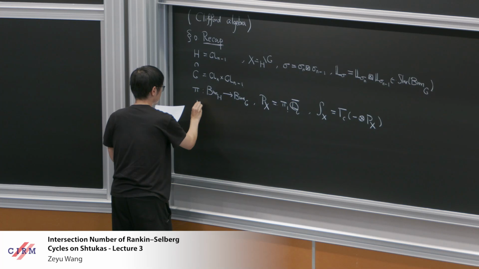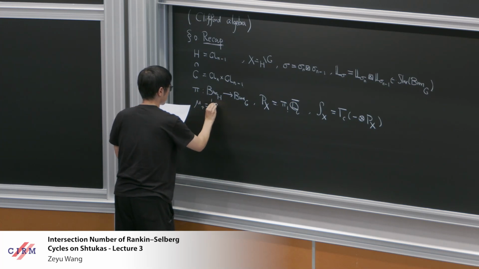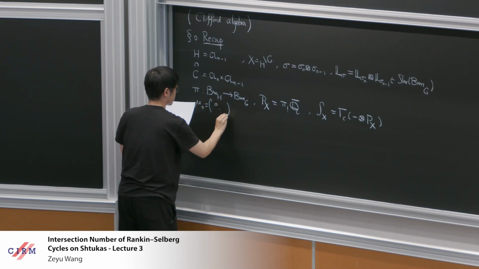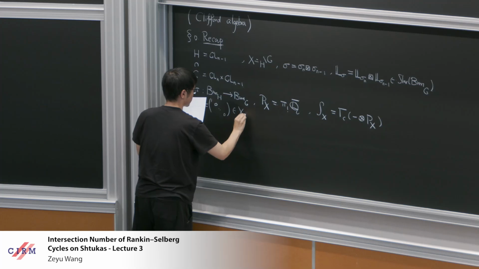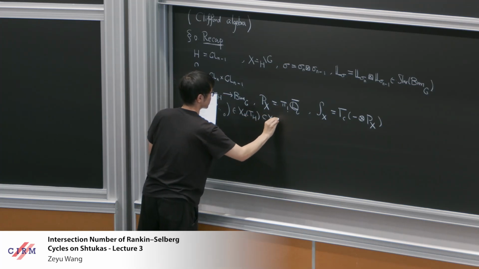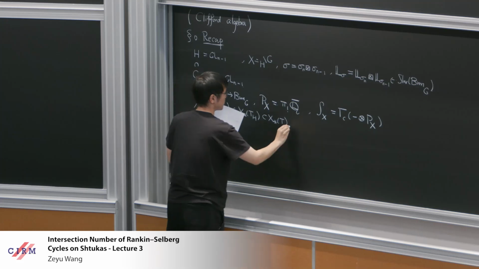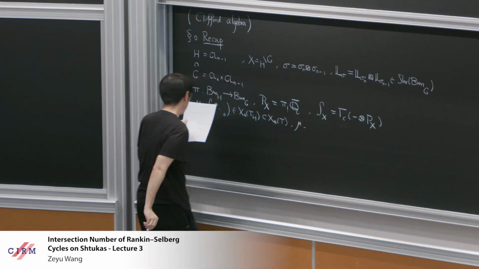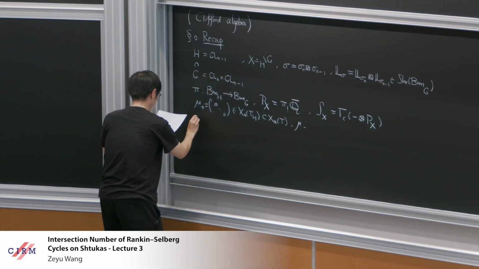And okay, so I have these two choices of coweights. Here it's some coweights of H regarded as coweights of G as well. And so we also have a mu minus.